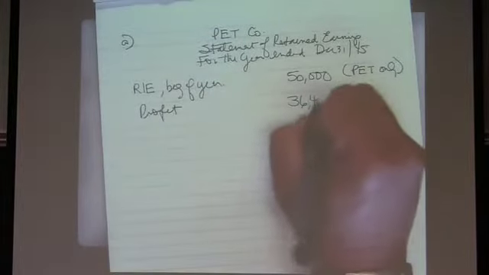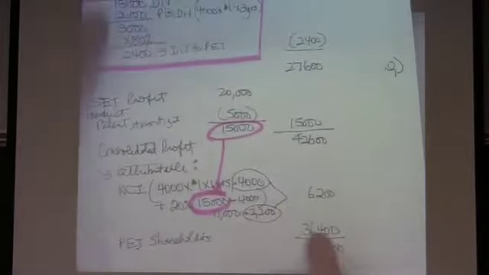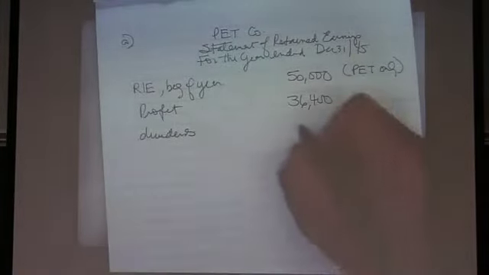Okay. Now we're going to add net income, and we just calculated that as 36,400, and that's this number here. The 36,400 is the number that I'm adding to it. We're going to deduct dividends, and the dividends is only PET.